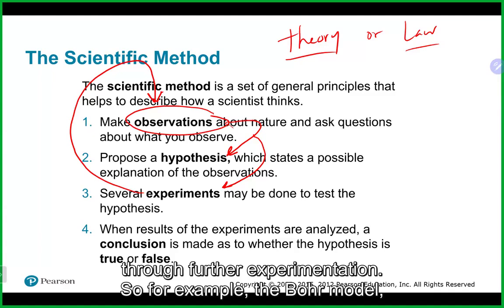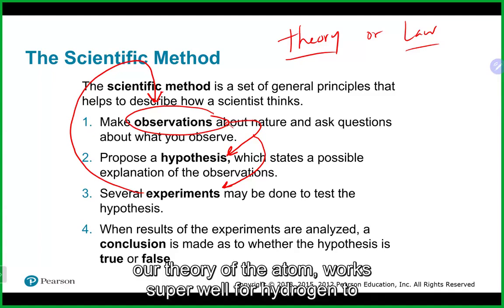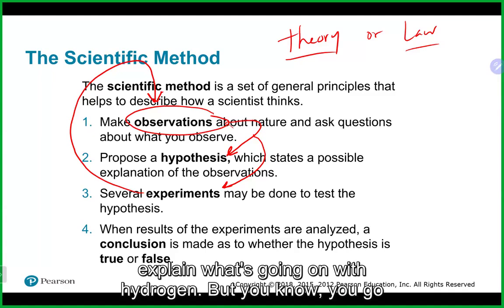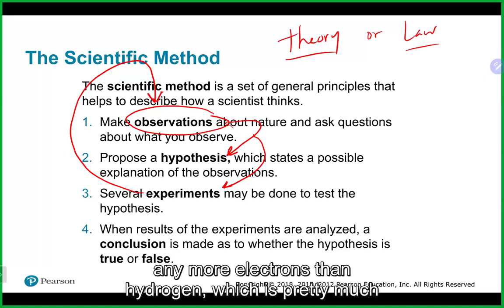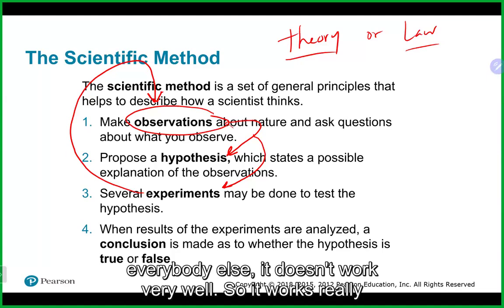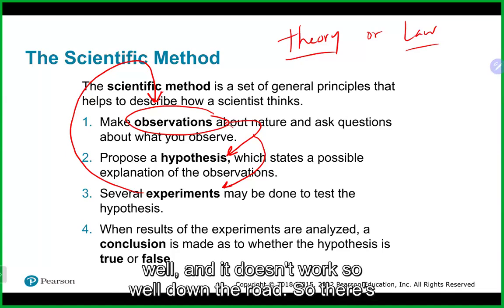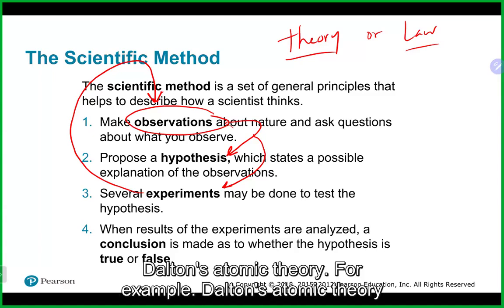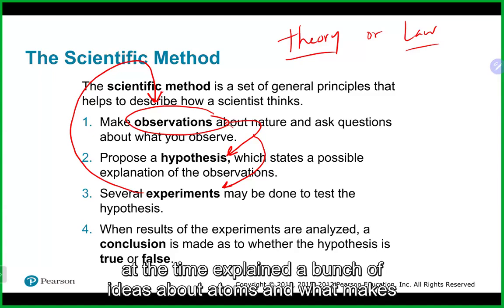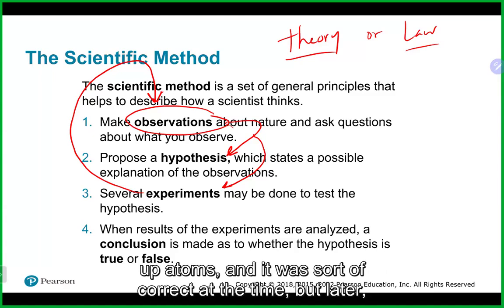So, for example, Bohr's model, our theory of the atom, works super well for hydrogen to explain what's going on with hydrogen. But once you go to more electrons than hydrogen, which is pretty much everybody else, it doesn't work very well. So it works really well, and it doesn't work so well down the road. There's also Dalton's atomic theory, for example. At the time it explained a bunch of ideas about atoms and what makes up atoms.